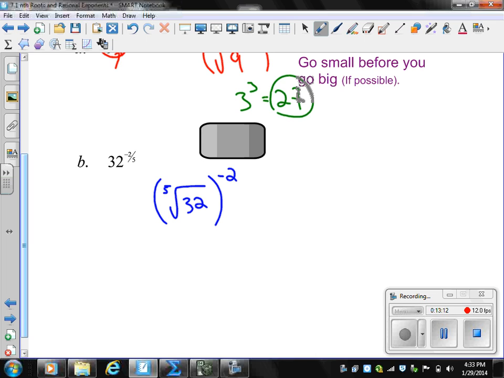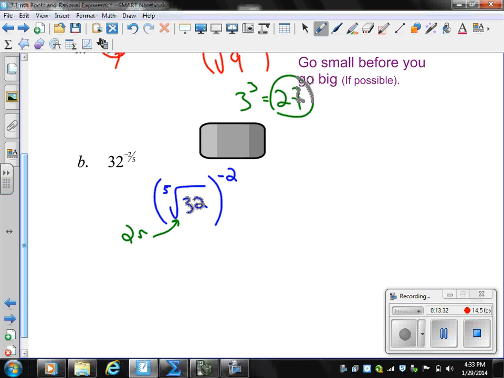We're going to deal with the negative really at the end. I'm just going to do all my other stuff first. So my first task is to think, okay, well, what number multiplied by itself 5 times is going to give me 32? Well, as it turns out, 2 to the 5th gives us 32. So the 5th root of 32 is going to be 2, and now that's raised to the -2 power.